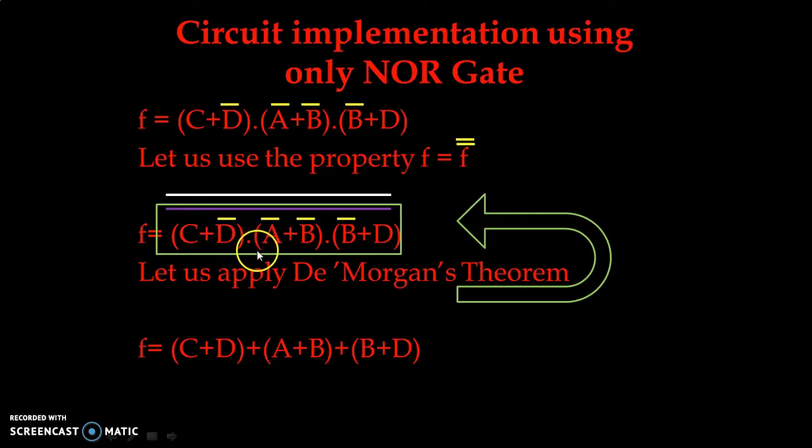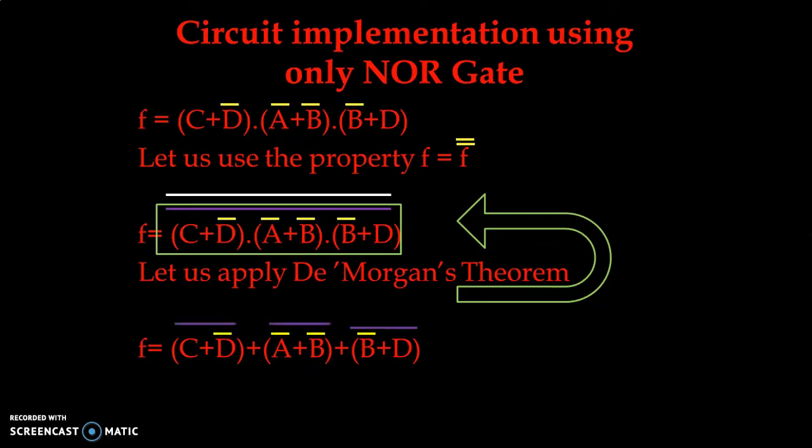Before applying De Morgan's theorem, all the sum terms were connected with a dot, but now it is converted into a summation with the plus sign, and then we have to apply complements.